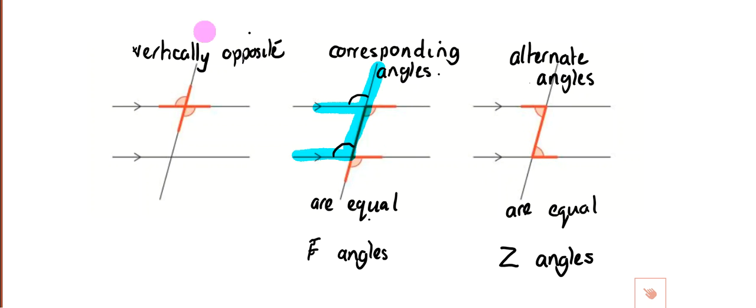Now the same with a Z angle, I can actually do that side. Okay? So although we have this nickname of F angles and Z angles because it looks like an F and a Z, we can still look at the Z and the F in a different orientation, a different way around. Okay?